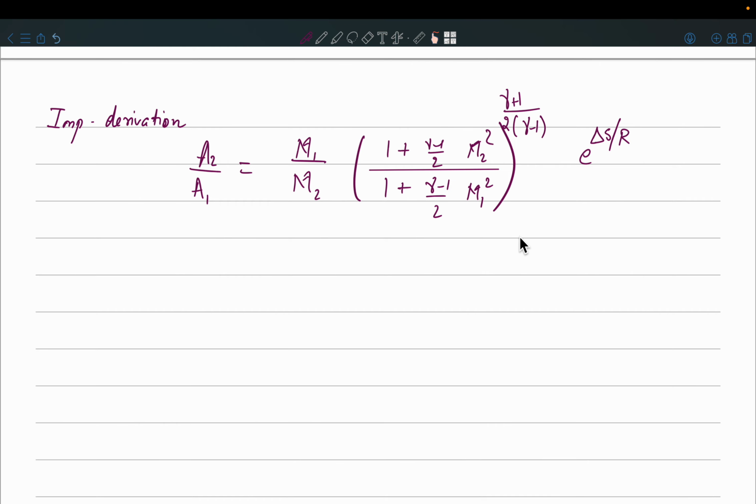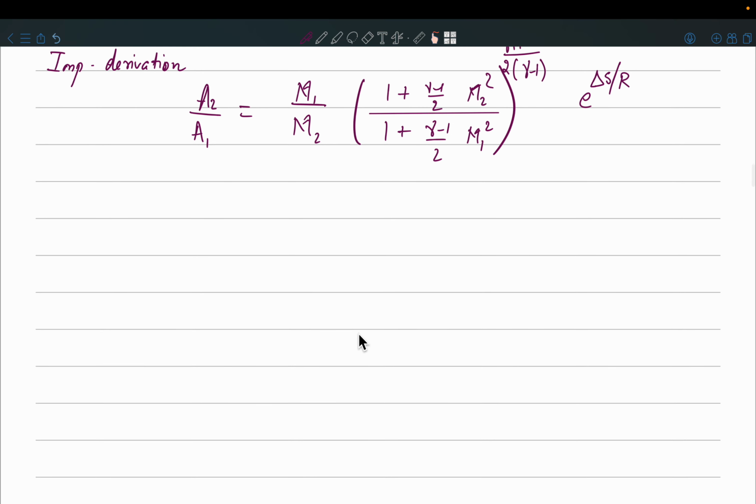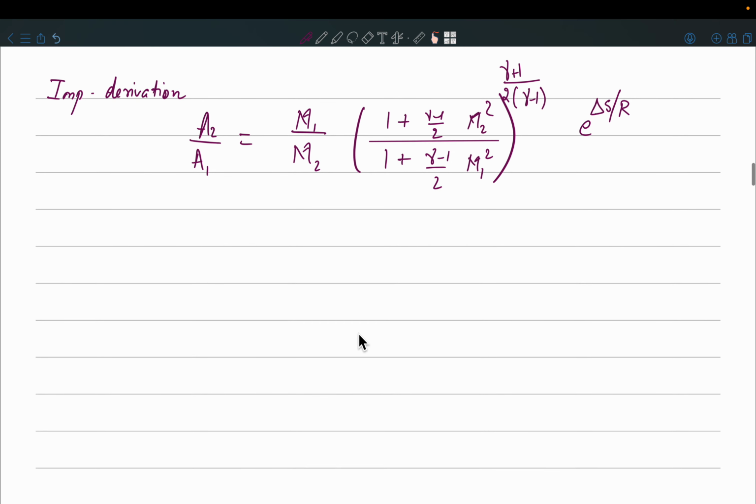The area Mach relation which you've seen is that A star is related to this. You must have seen when one of the Mach numbers is 1 and the other one is A star. The A by A star relation you have seen. Now this equation is basically when there are two different areas A1 and A2.